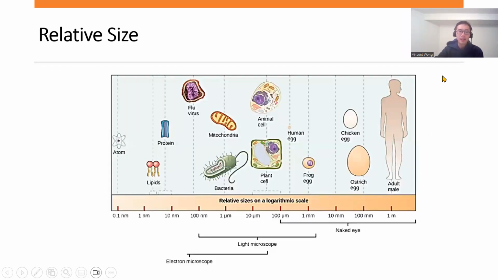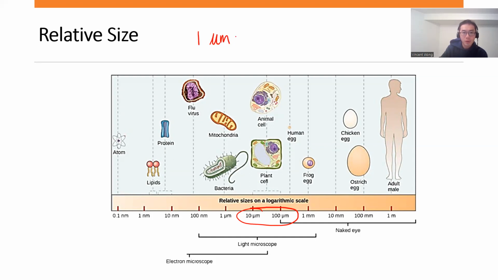All right, so how big is a cell? Well, actually, a cell is pretty small. If you think about an adult, it's over a meter tall, maybe 1.5-ish meters. And then if you go down by magnitudes of 10, if you keep on dividing by 10, eventually you will get to this range, which is measured in micrometers.